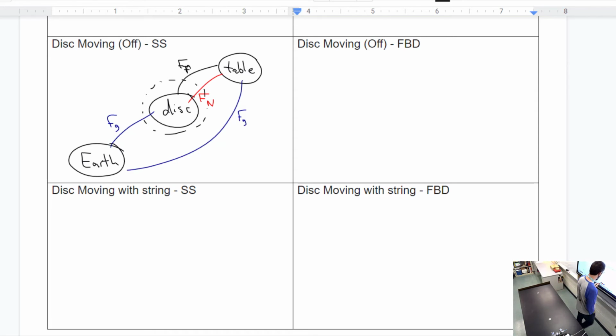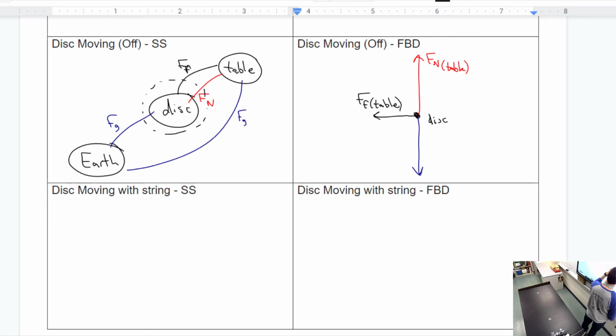So our free body diagram, we have the disk. If I say that the disk is moving to the right, then I would have friction going to the left, because friction is always opposite of motion. Normal force from the table, and force of gravity from the earth.